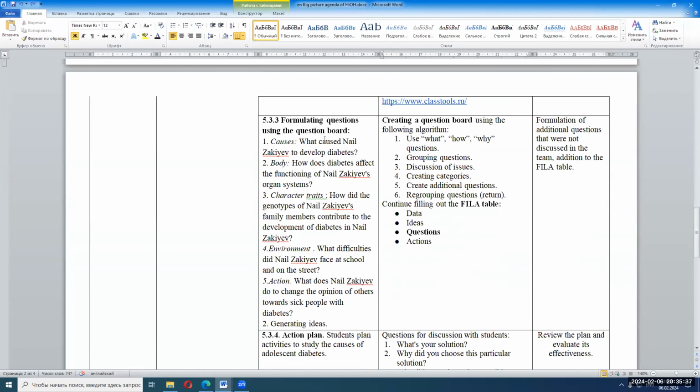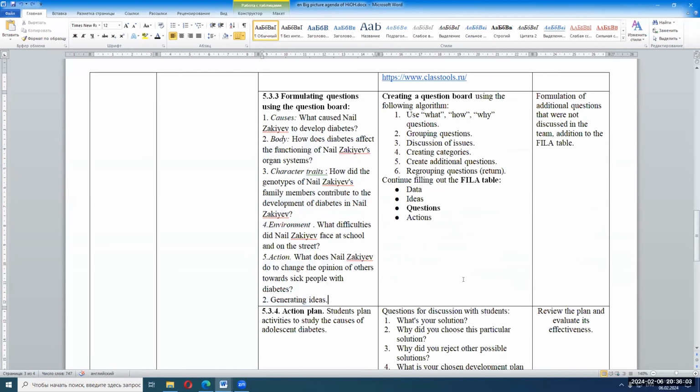Then formulating questions. This is like driving questions. But actually it's translated by Google, so we need to check it first, because we work not in English. So are the students formulating those questions? No, this is the questions for discussion.